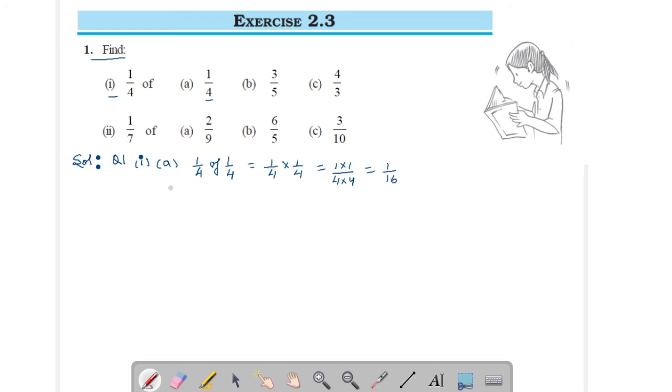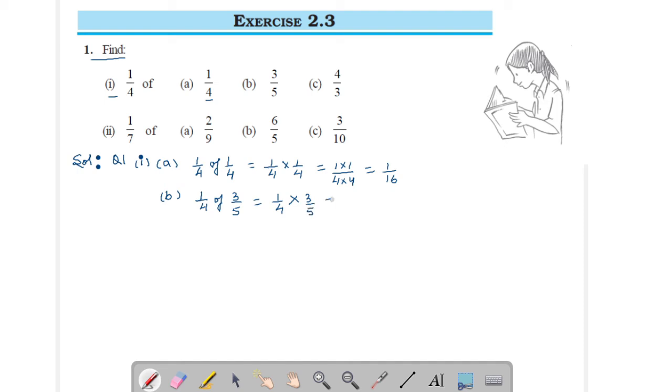Then B part, it is 1 upon 4 of 3 upon 5. This can be written as 1 upon 4, of is changed into multiplication, 3 upon 5.